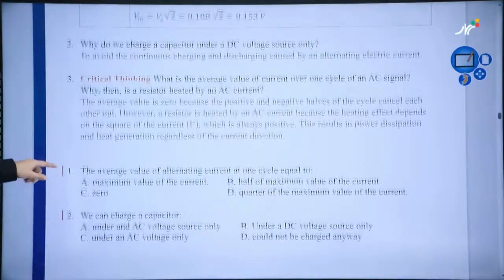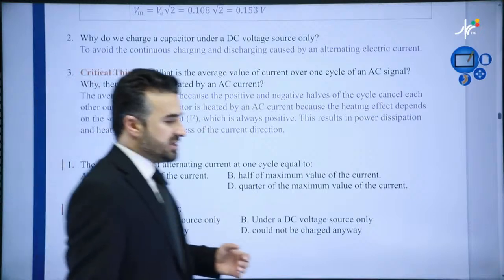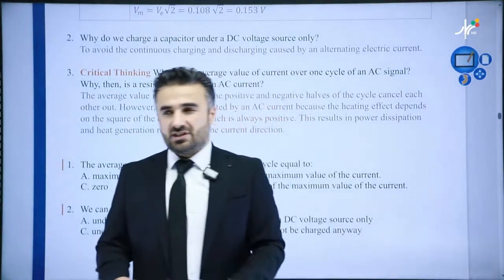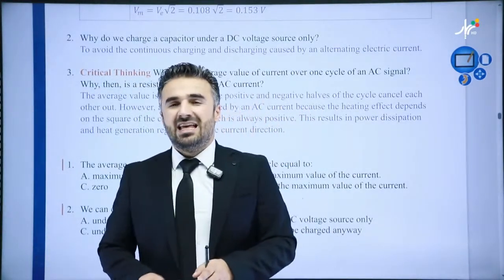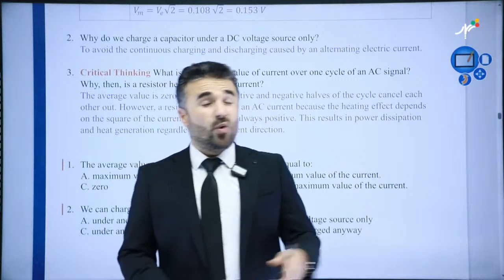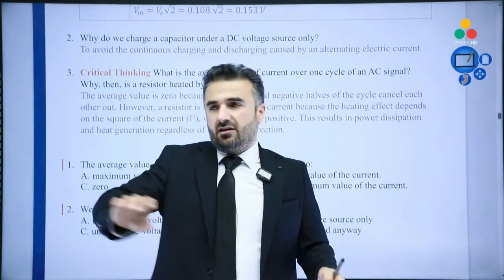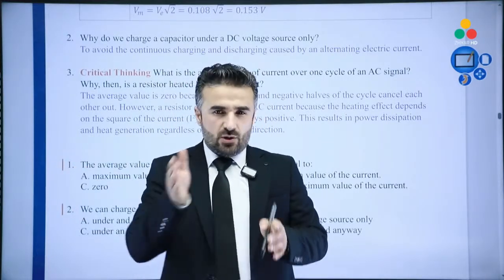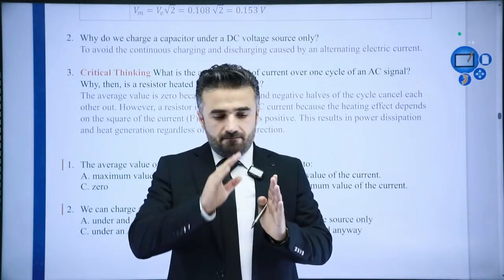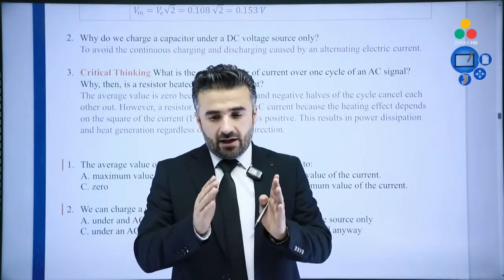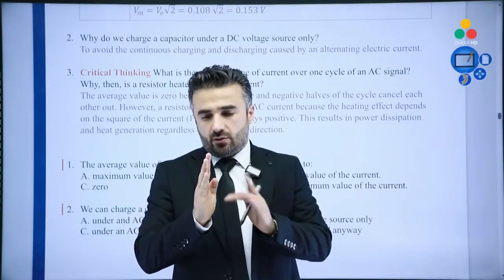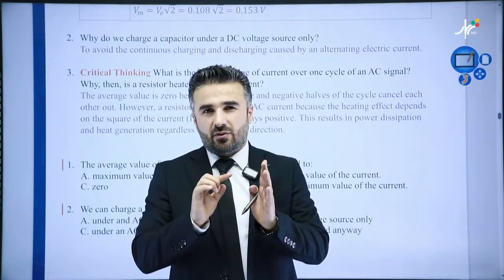Now take a look at this question: why do we charge a capacitor under DC voltage? We've mentioned before that capacitors can only be charged with DC voltage. If it is AC, alternating current, then for half a cycle one plate will be positive and the other negative.